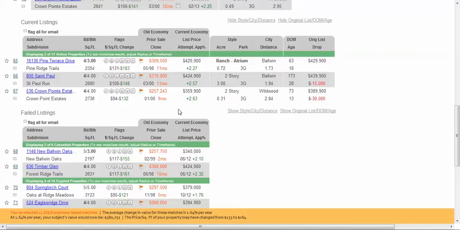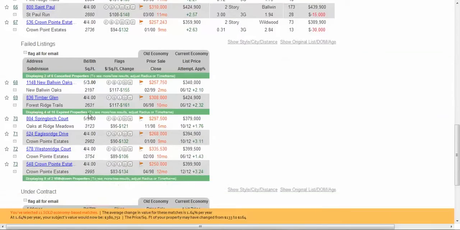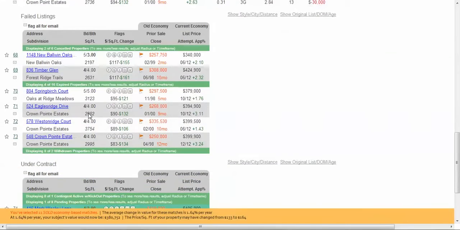One of the most important groups we want to talk about is what I call failed listings. Anything that was withdrawn or expired, where the seller didn't complete the transaction with the realtor. And look here, it's a very important thing. 2.10 is the appreciated attempted growth rate. We have people at 3% and 3%. Was it the marketing plan of these realtors that kept these houses from selling?